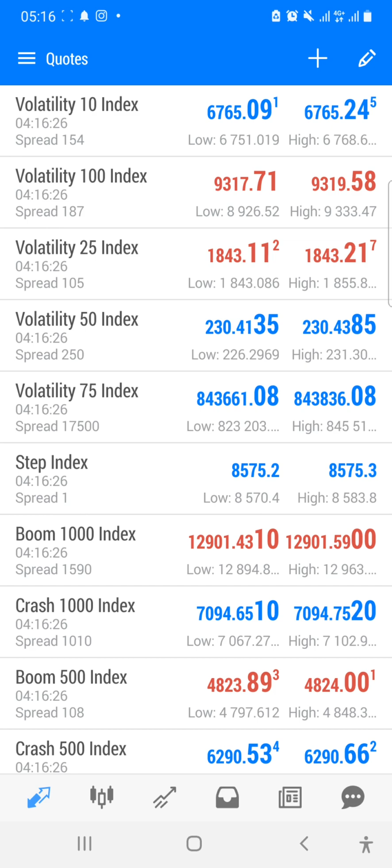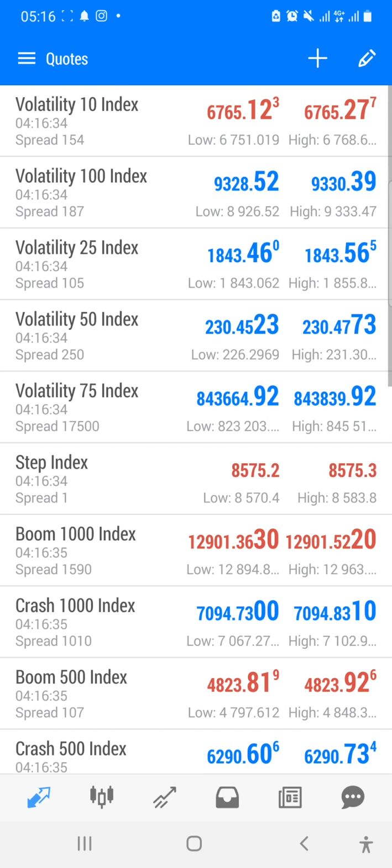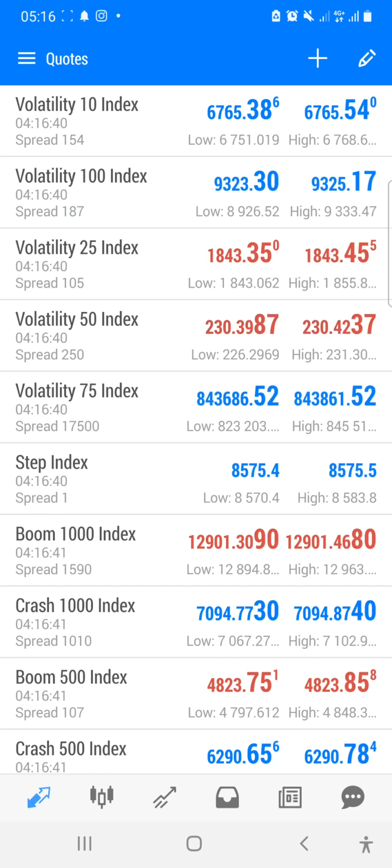I'm now going to be showing some things on the chart. These are the indices. I made mention of the fact that among the normal volatility indices, volatility 100 is the fastest, it moves fastest.